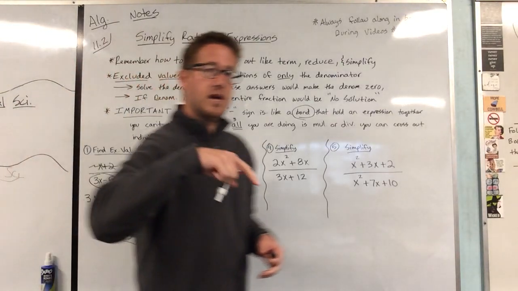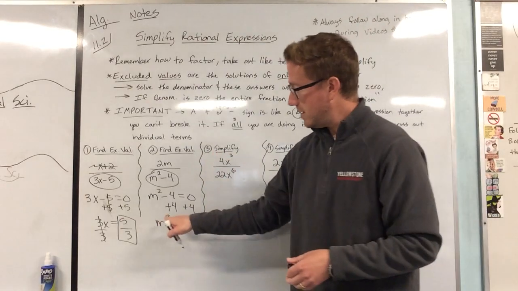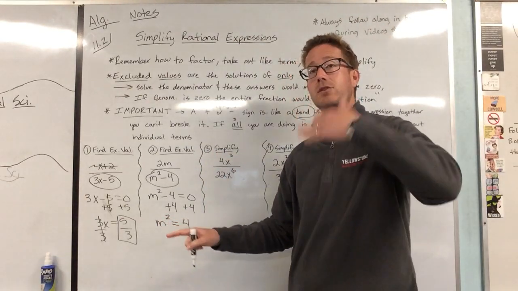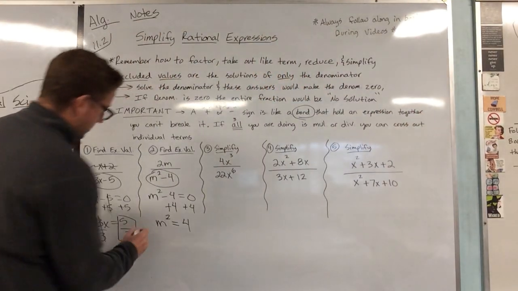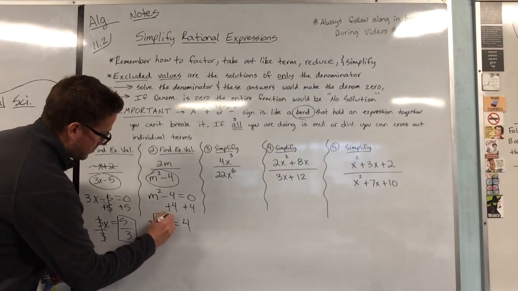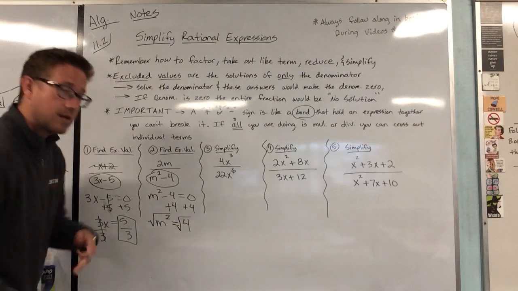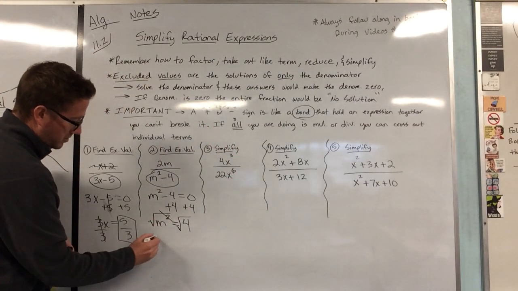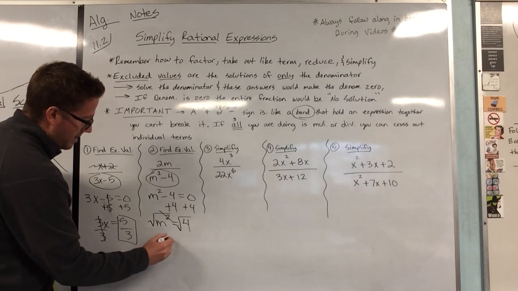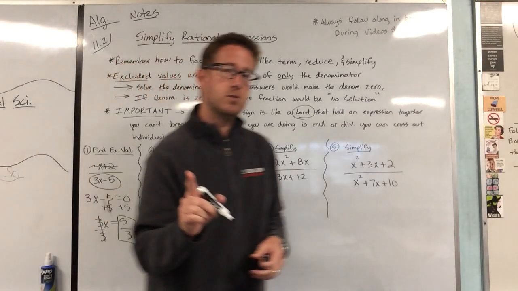Now you'll remember in the last chapter, how do I get rid of a square? By taking the square root. It's the opposite function. So let's take the square root, and what you do to one side, you have to do to the other side. So these cancel each other out, leaving just m. And what is the square root of 4?